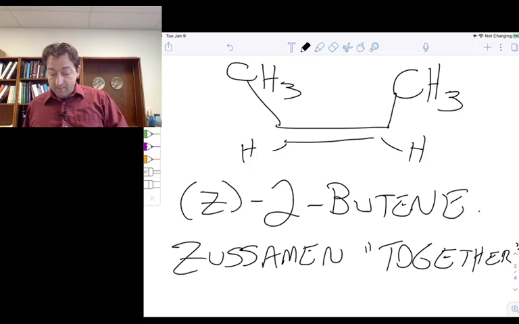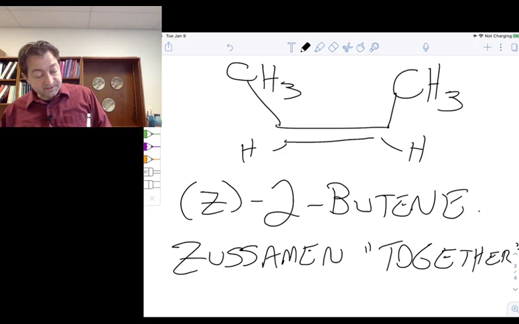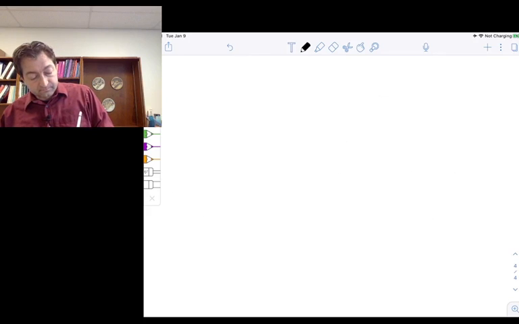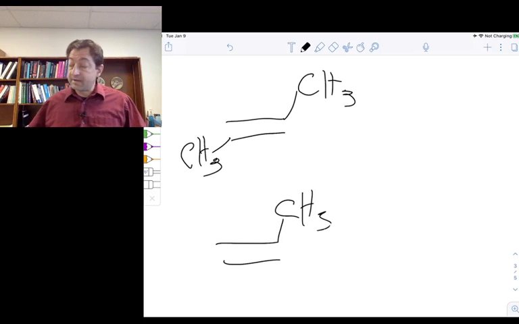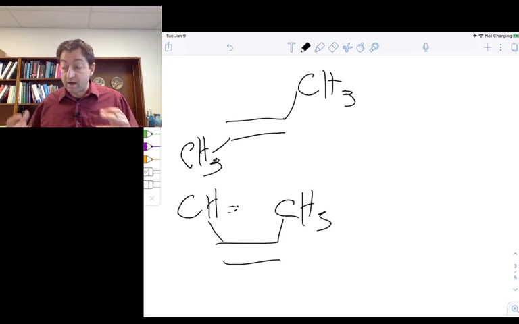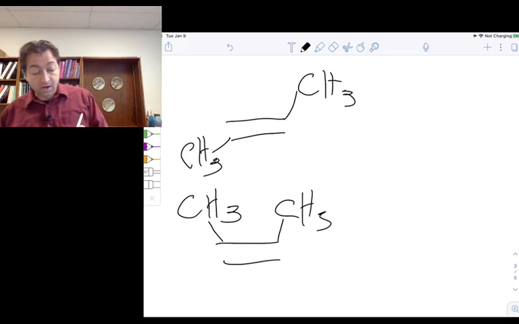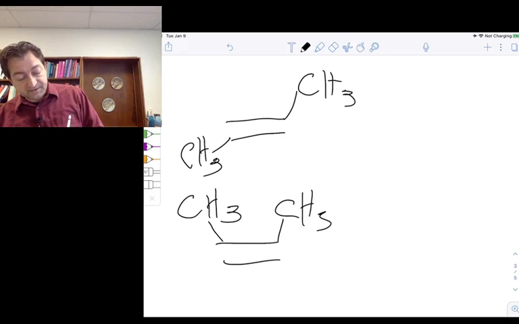Now, I'll just make a comment on other nomenclature that you may have heard associated with this. You would have at one time heard us use these phrases a lot. Our textbook still uses these phrases a lot, where we would have described this as a trans or cis double bond.